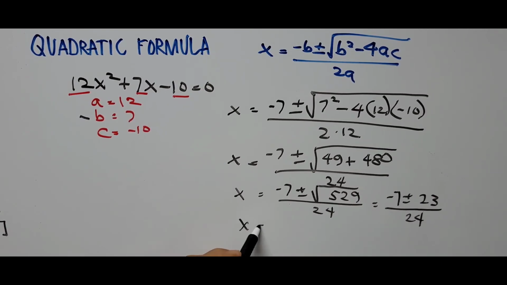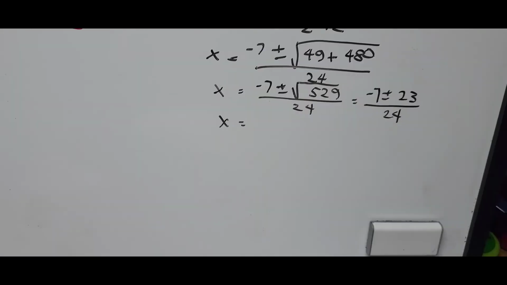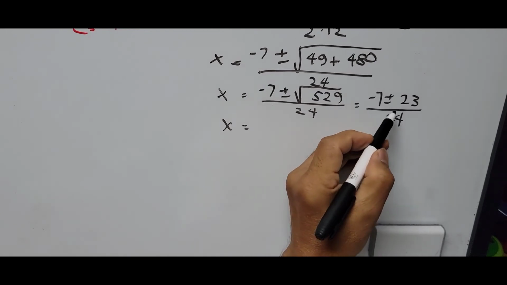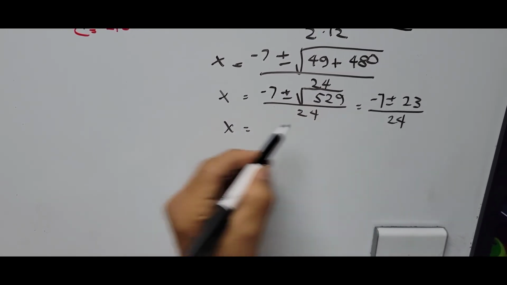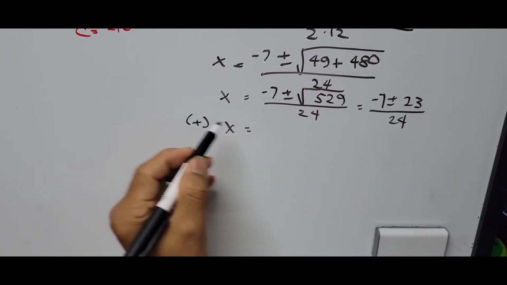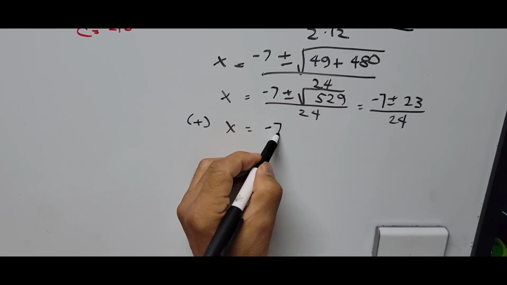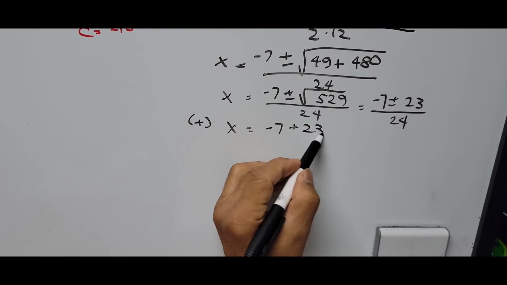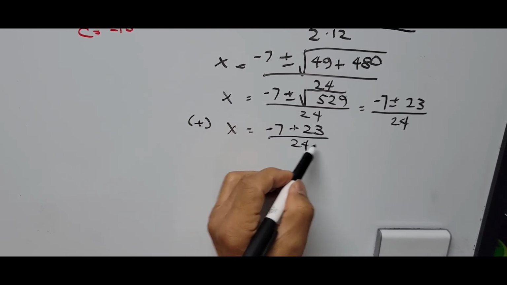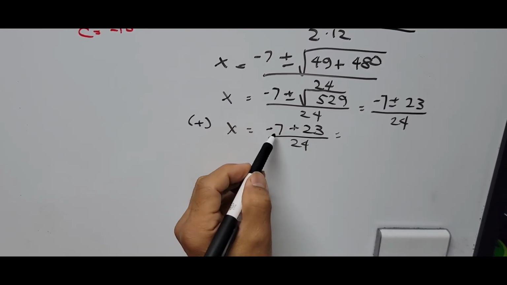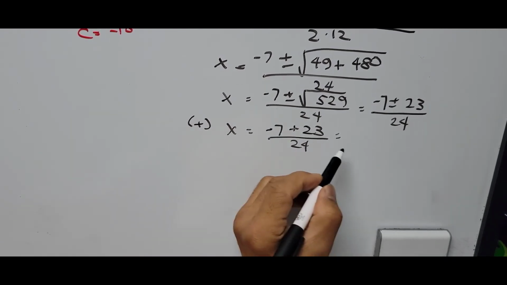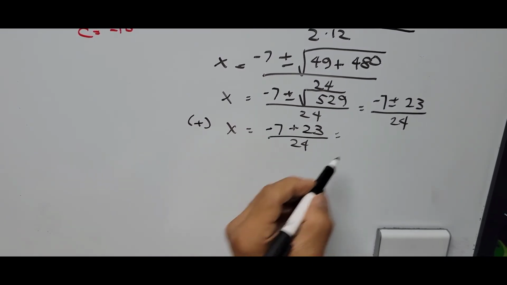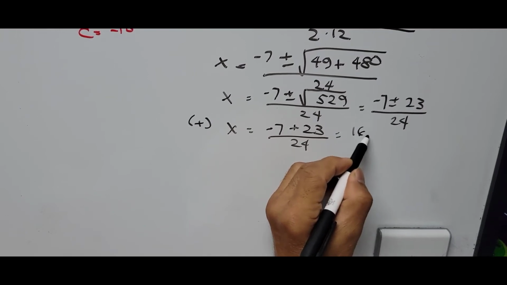So x here now is, if we're taking the positive value, so let's take the positive value of that. That is -7 plus 23 divided by 24. That is equal to 23 minus 7, so that is 16. So that is 16 over 24.